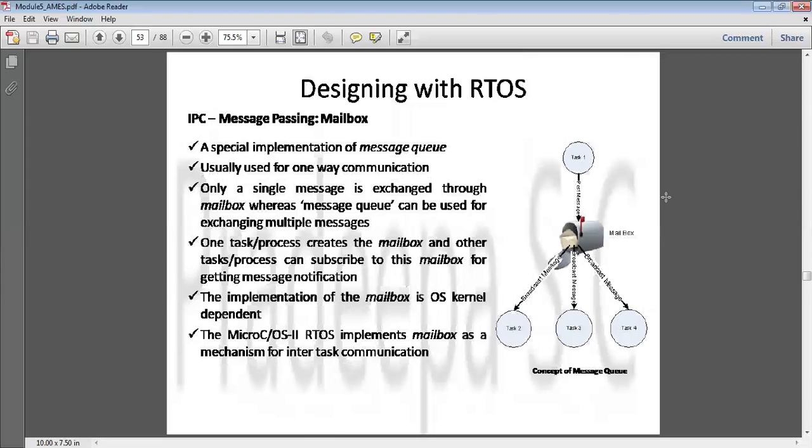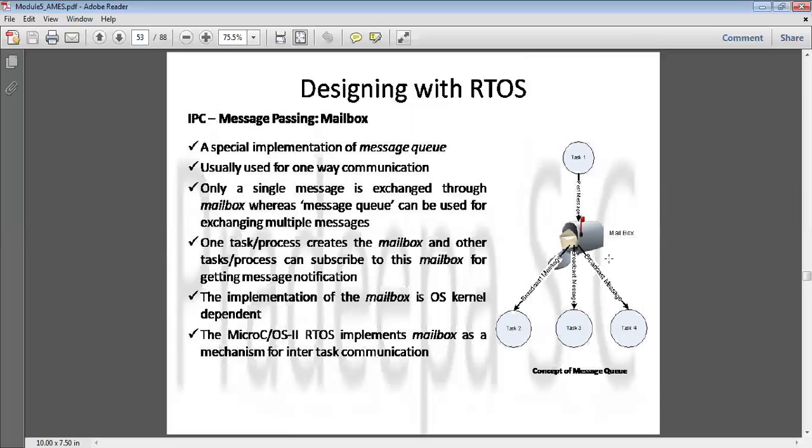Next you have message passing called the mailbox. Here it is one-way communication. There are three processes. First, process 1 sends the message to the mailbox, and this message is passed to all the other processes.